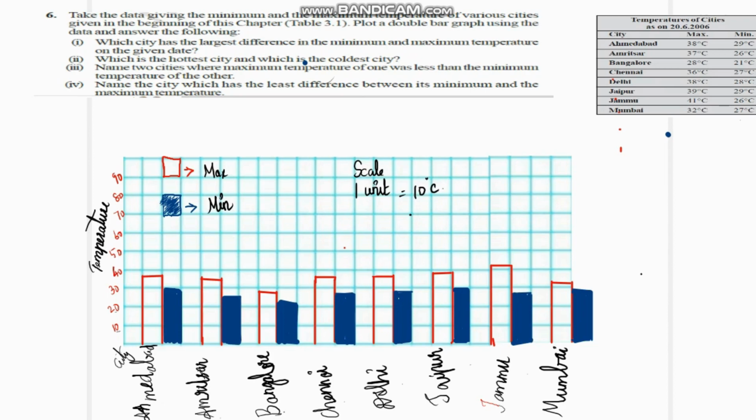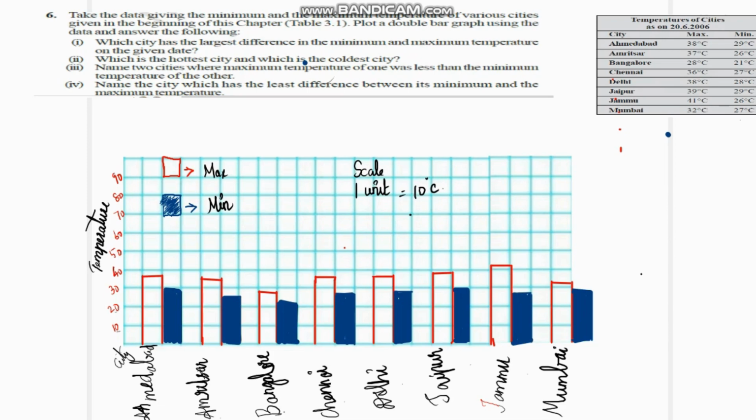Okay, the first question is which city has the largest difference in the maximum and minimum temperature on the given data. So we need to find the largest difference. Here, by seeing this graph, only one city has the largest.